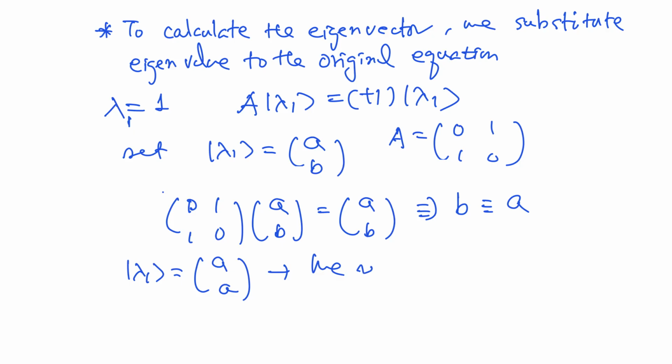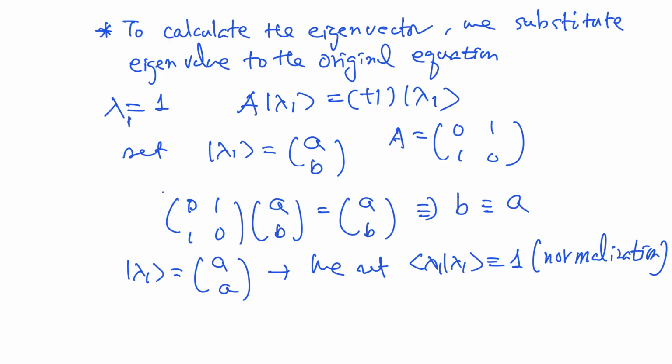We set ⟨λ1|λ1⟩ equal to 1. This is called normalization. In Korean, they say 규격화, right?